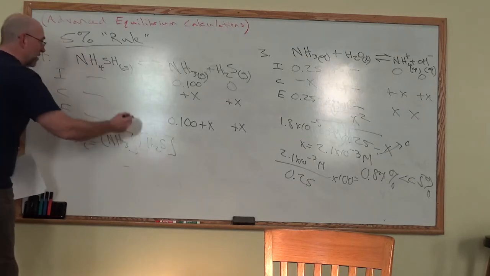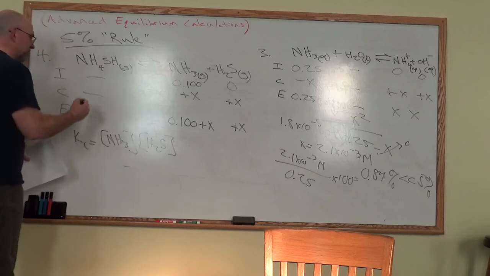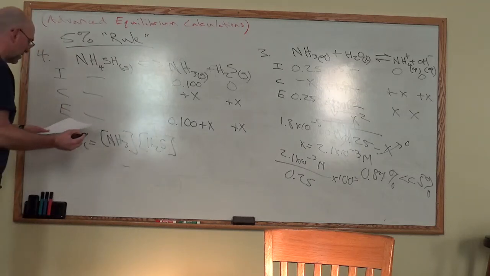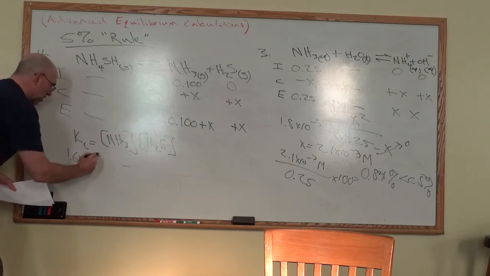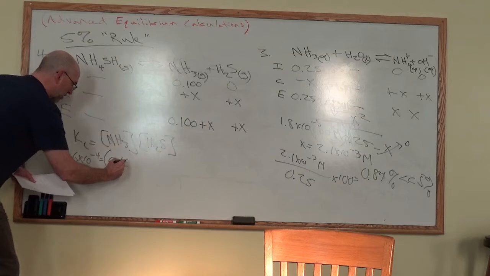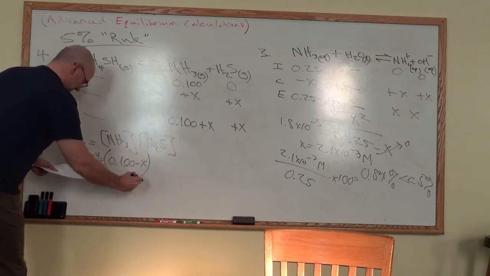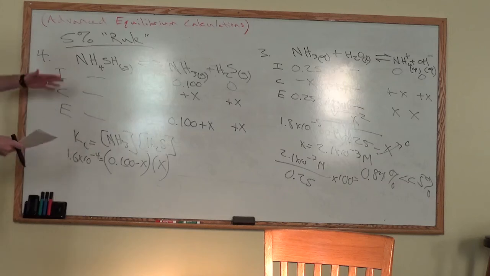Nothing in the denominator, because it's heterogeneous, so we don't do that. So in this case, the given value 1.6 times 10 to the minus 4 equals 0.100 minus x times x. So that's the math setup.